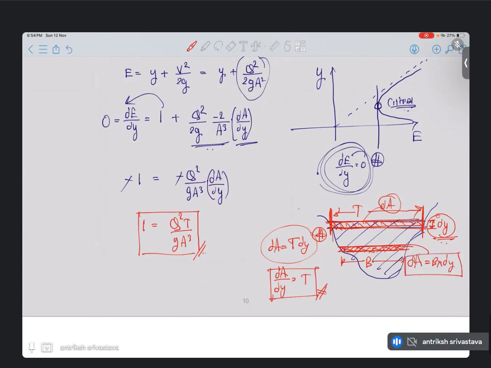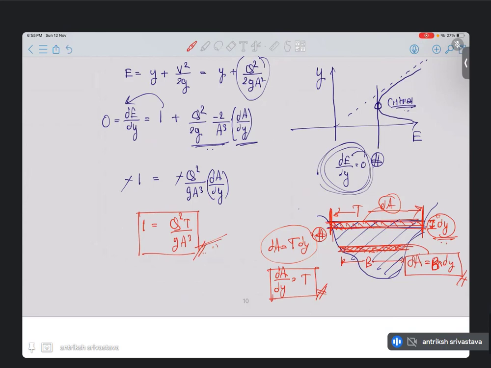And in that case, dA by dy is not going to be equal to T. It is going to be equal to some unknown value b. If you can find that out, better. If you're not able to, it doesn't matter. It's not that important. We just need to know how this derivation is obtained.